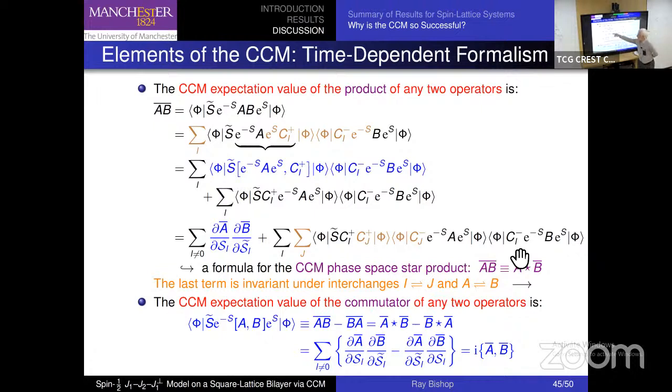So when I interchange the order of A and B, this term cancels. And what you see is that this commutator gets mapped onto a Poisson bracket.